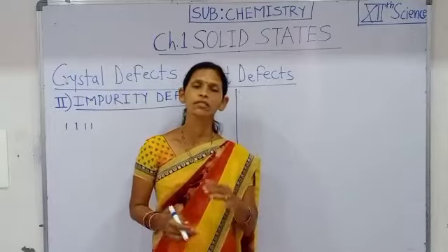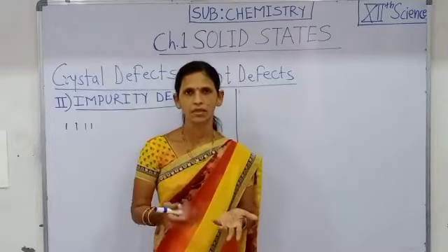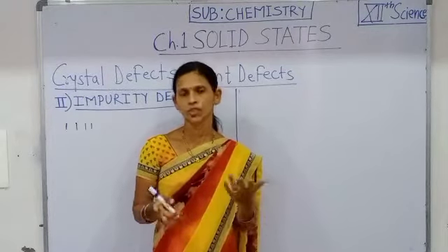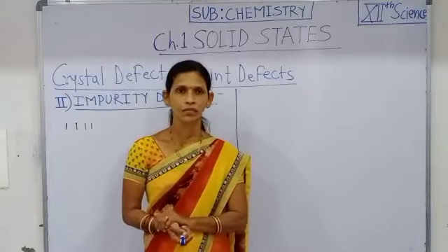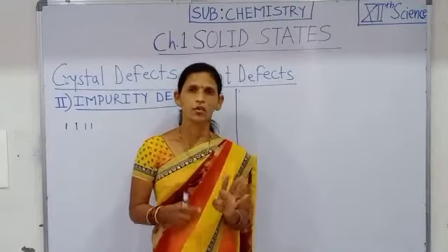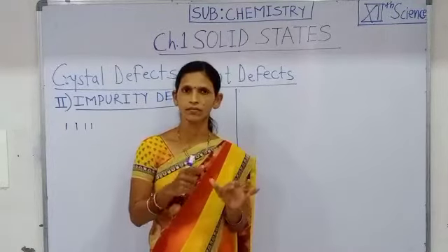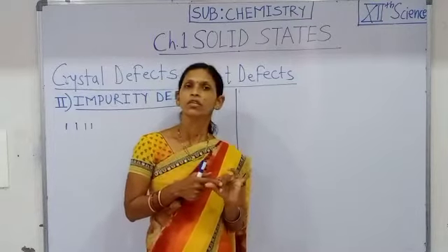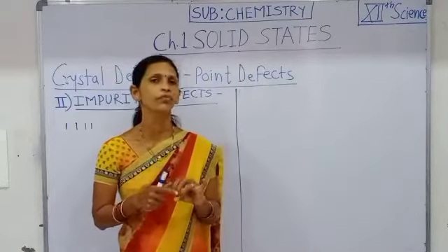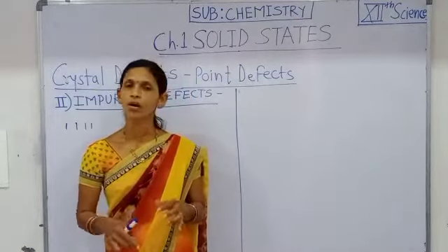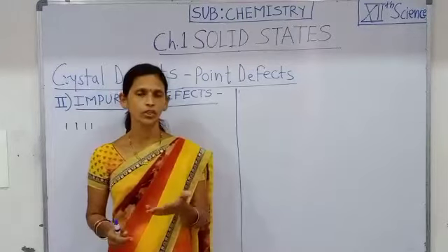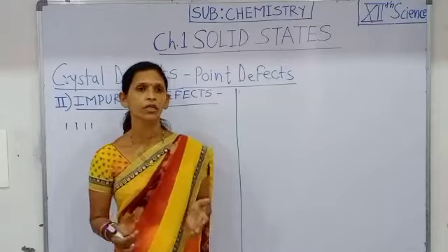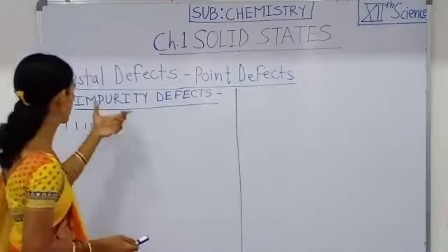We have already discussed the different types of stoichiometric defects, that is vacancy defect, self-interstitial defect, as well as Schottky defect and Frenkel defect. Today we are going to discuss the impurity defect.